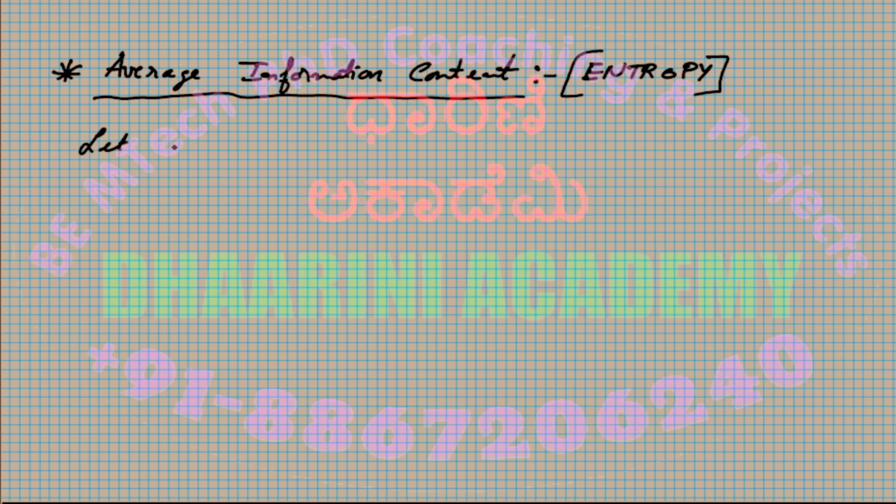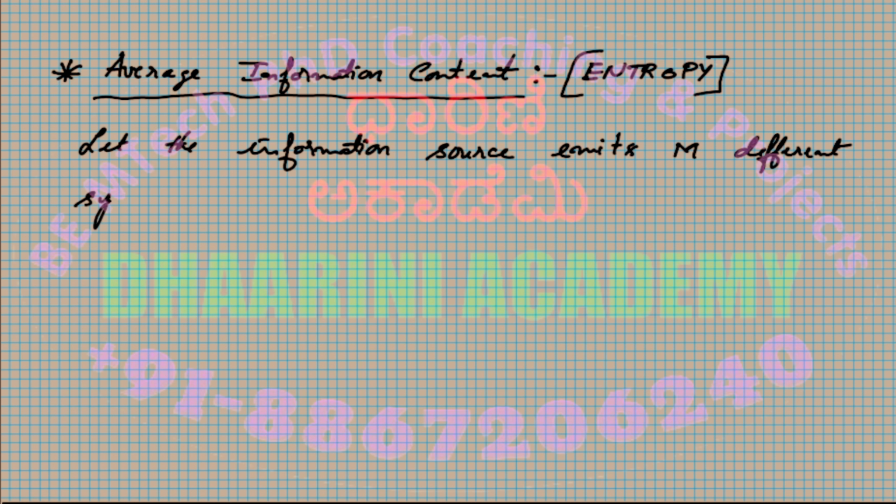Let the information source emit capital N different symbols. It's going to send N different symbols. Okay, what are the symbols? S1, S2, S3, dot dot dot up to SN.